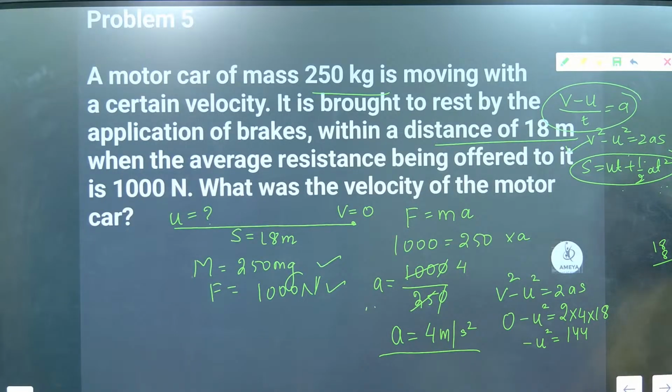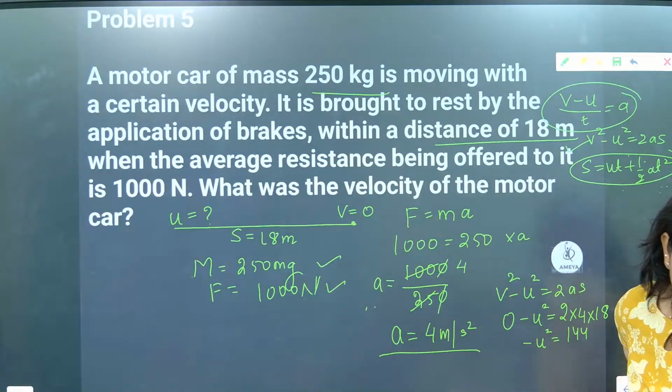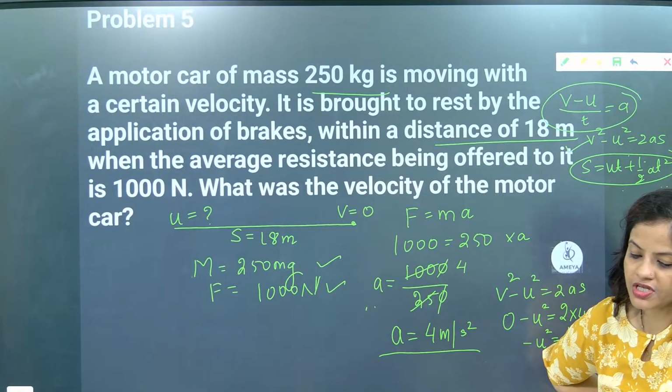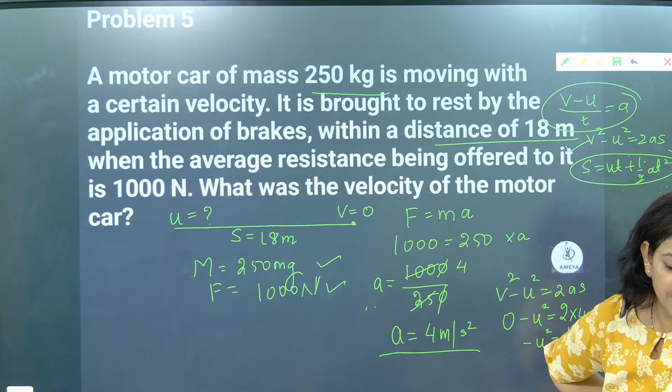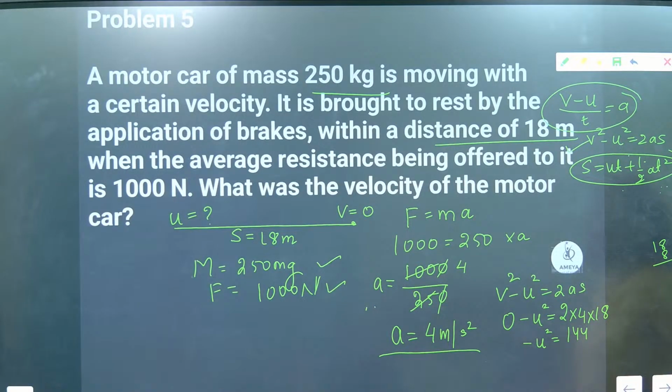So you need to be very careful in answering the question. v square is equal to u square. Come on, children, say the answer fast. v square minus u square is equal to 2as. v square is 0, so what answer will be coming?